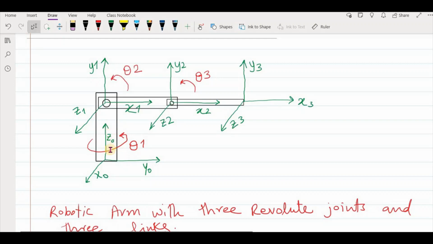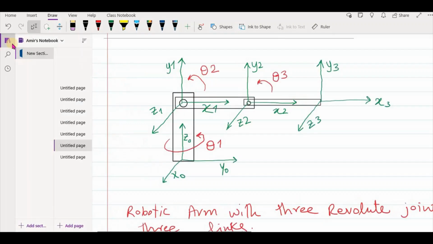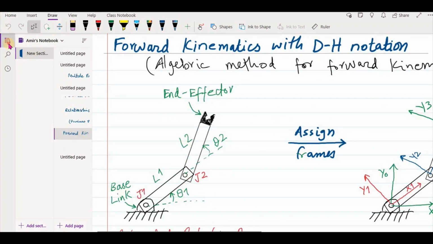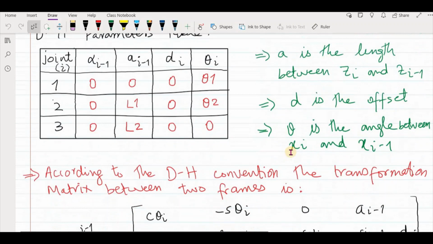For example, for joint 1, theta 1 is the angle about the z-axis of the frame 0.